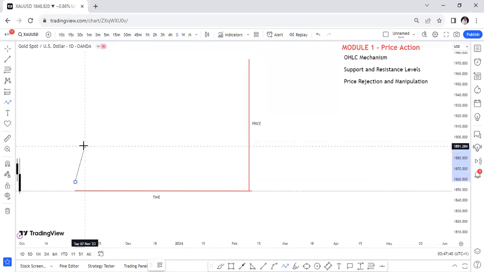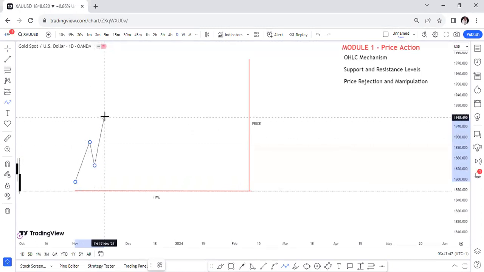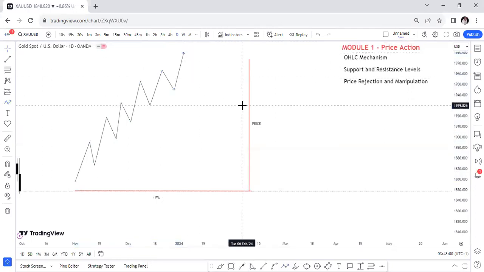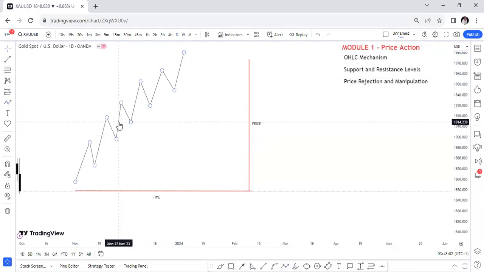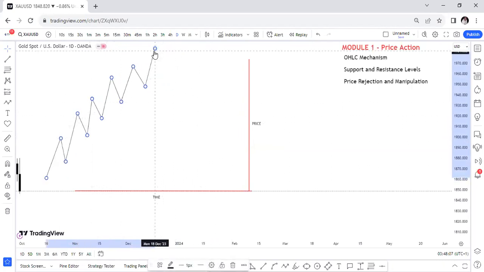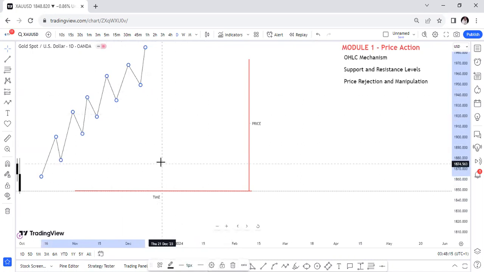Demand is when buyers are exceeding the number of sellers in the market, moving up and up along the price time chart. That is demand, for buying upward.